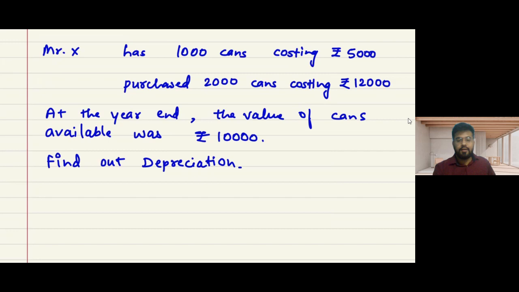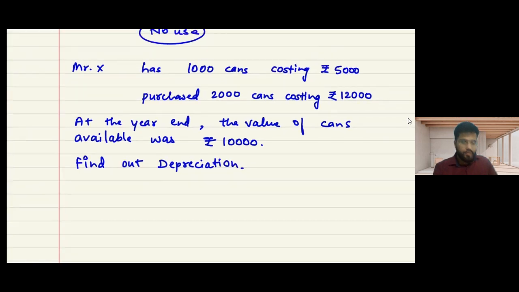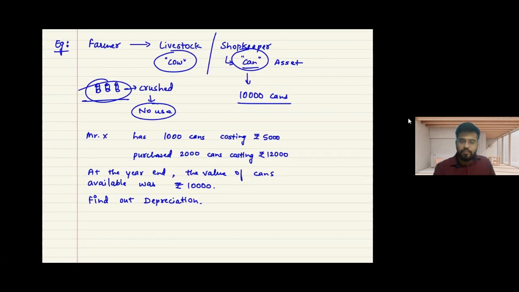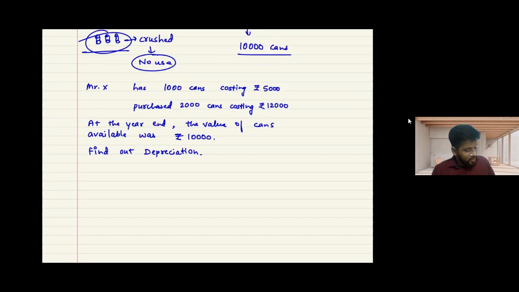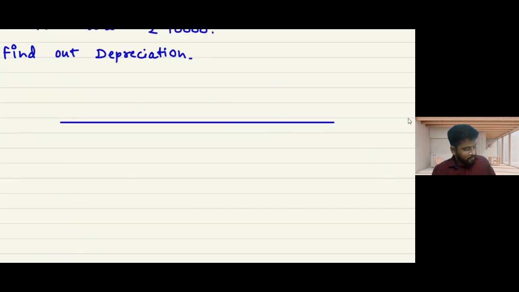If this is the example which is given to you, what you have to do is a very simple thing. Just prepare your can account. Like, for example, there is a machine, so I prepare the machine account. Here you have a can, so you prepare a can account. Now just focus on what I am doing.